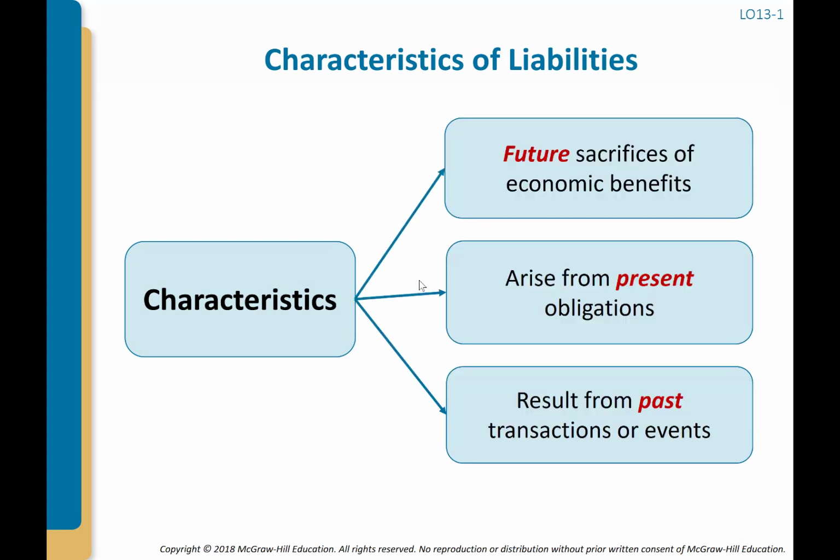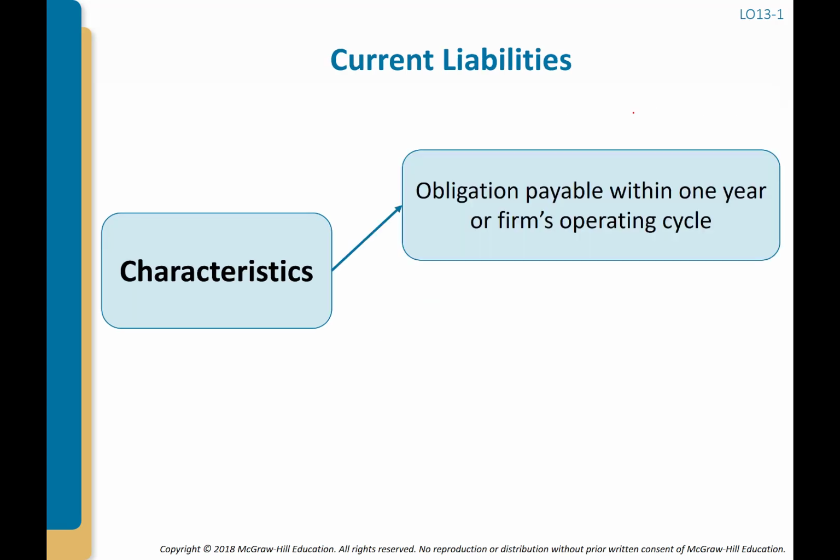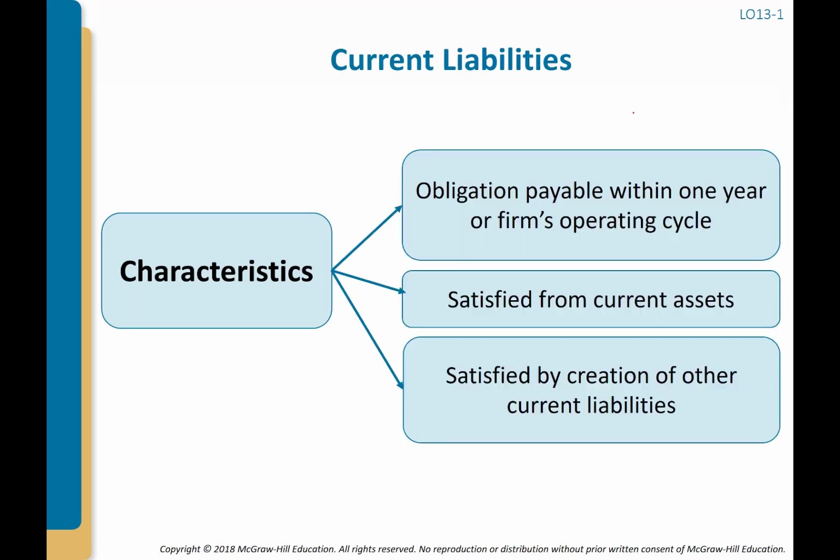The key thing about current liabilities here is that liabilities in general are sacrifices of economic benefit. We're going to have to give cash, most likely, is what we tend to think about a liability, but it could be that you're going to surrender some other asset. Now, when we talk about current liabilities, the key thing I wanted to point out is this 1 year rule of thumb that we use for identifying a current liability.